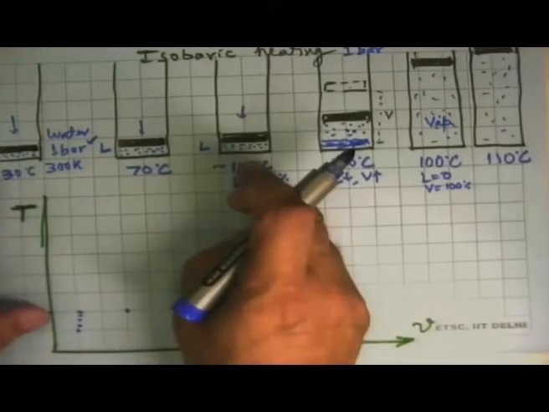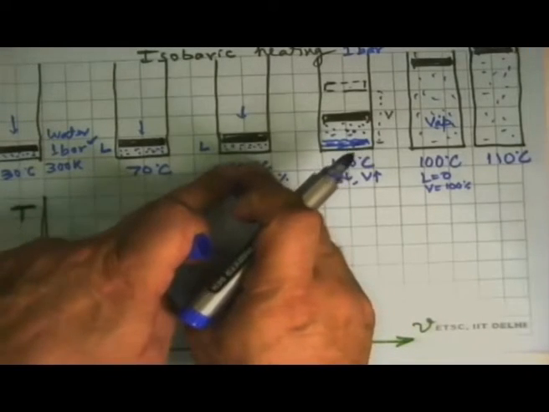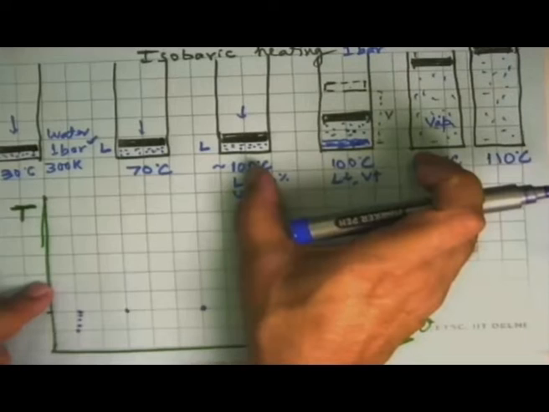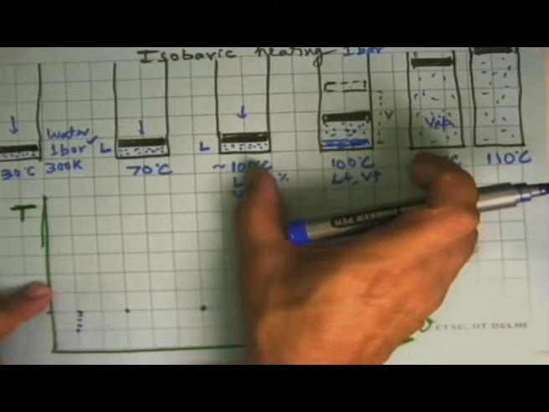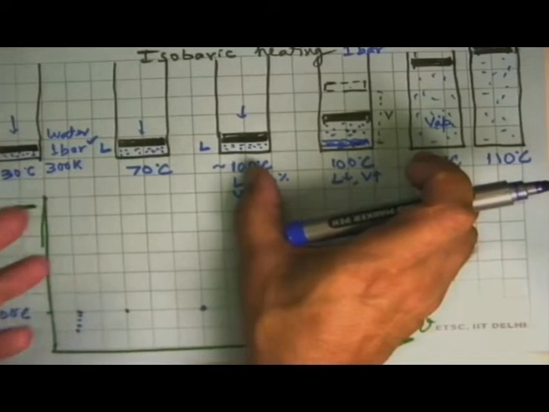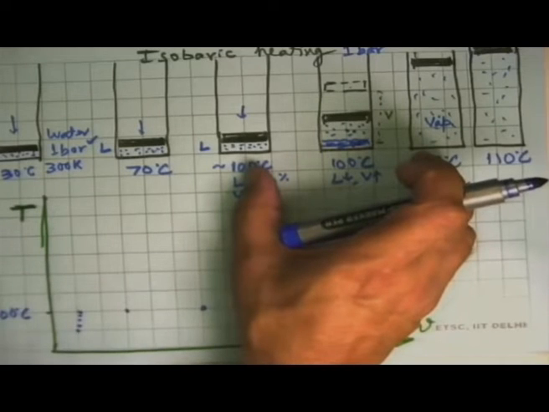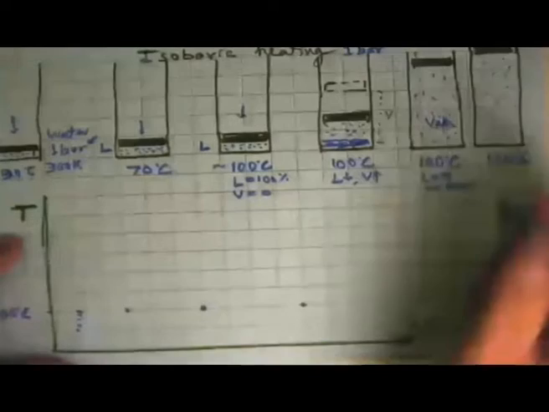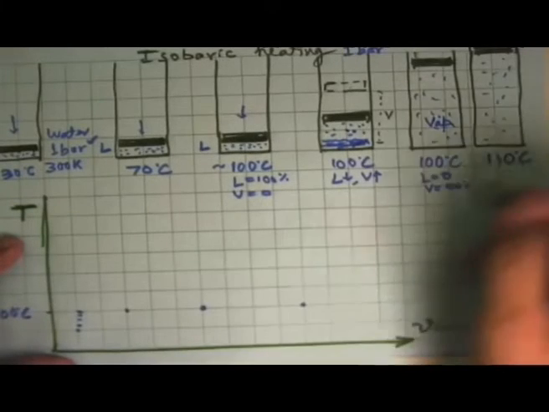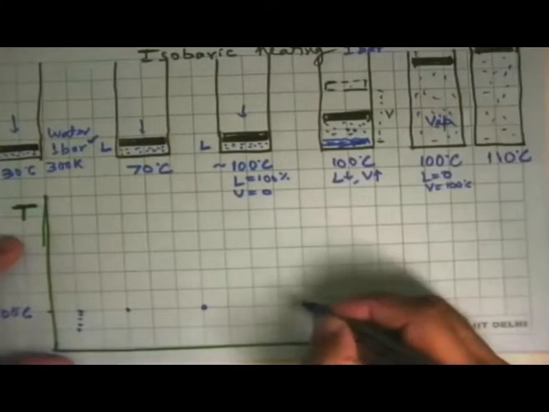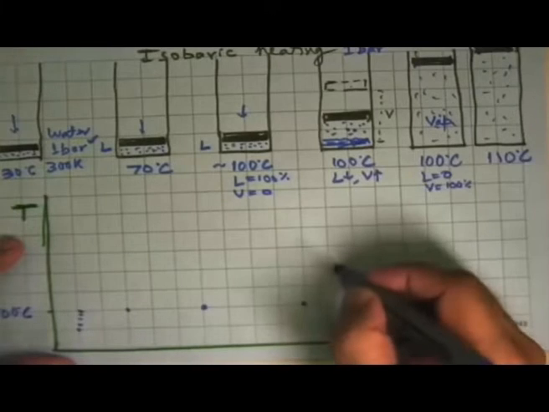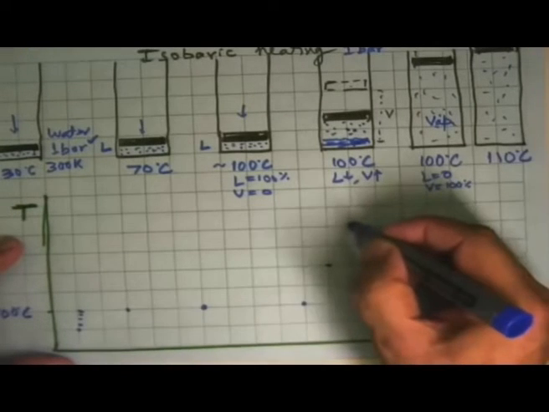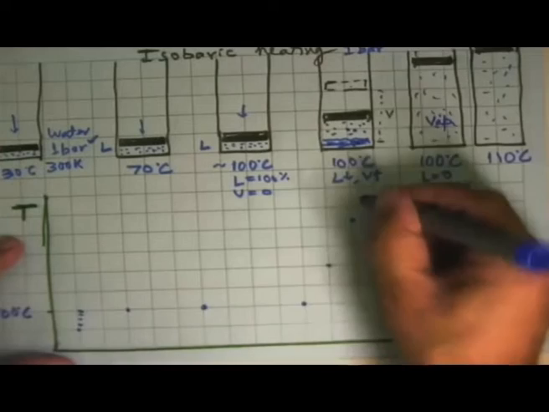Up to this point, heating was increasing the temperature, but in this region, heating of the substance was not changing its temperature but changing its phase. So this point would then show that temperature has increased, volume has also increased, so it will go this way, and we can get a point there. And if you continue heating, these points will keep going like this.